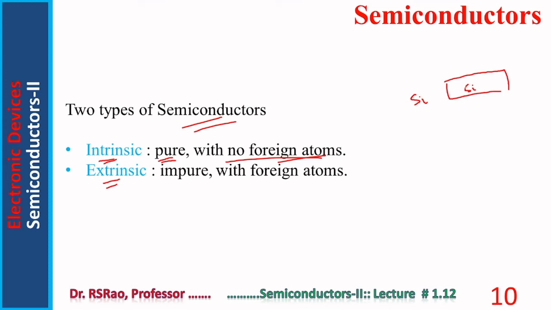Extrinsic means impure with foreign atoms. If you add some impurities, the purity of the silicon is lost. Inside the silicon crystal slab, one can find, in addition to silicon atoms, foreign element atoms too. Then it is called extrinsic.